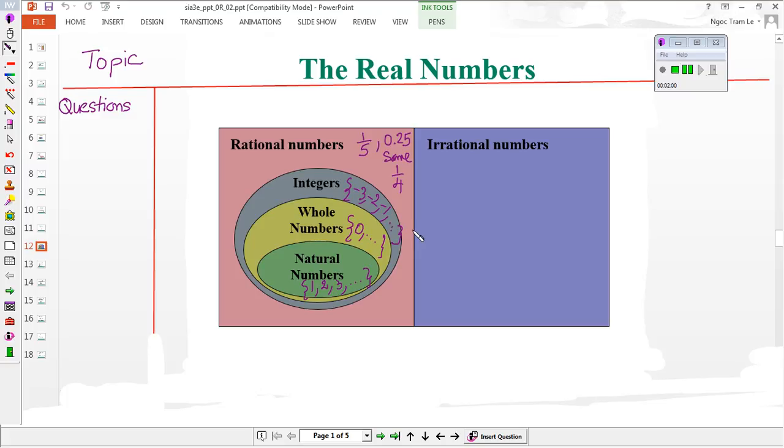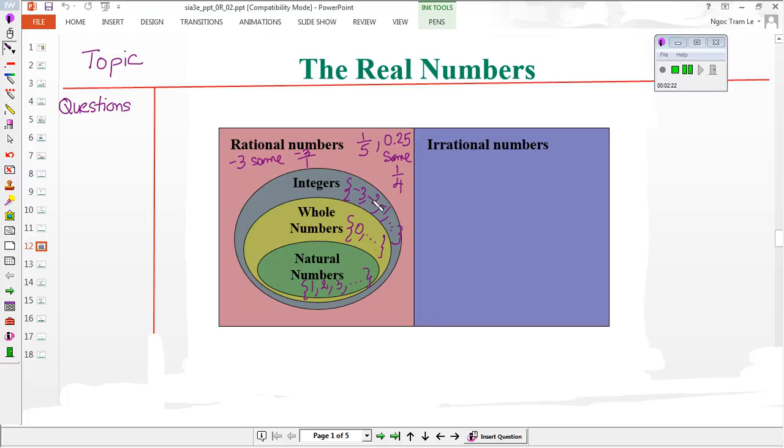Okay, and then for integers, you can also write each one of the elements in the integers as a fraction. So if I have -3, I write it as a fraction, -3/1. Okay. So far we can see that natural numbers is a subset of whole numbers.